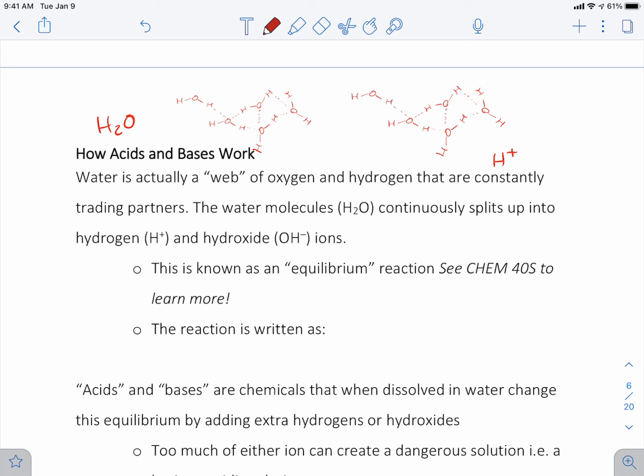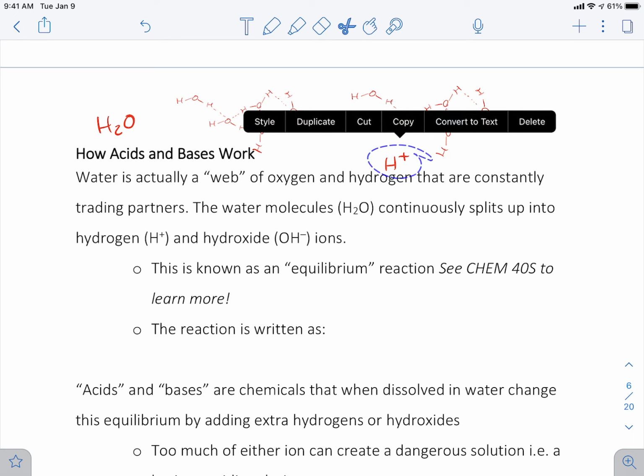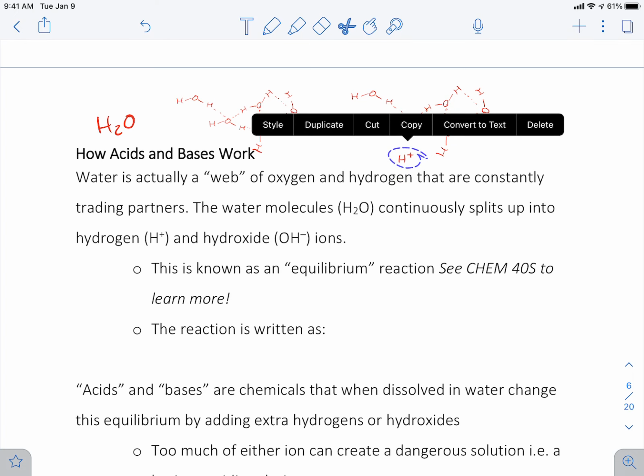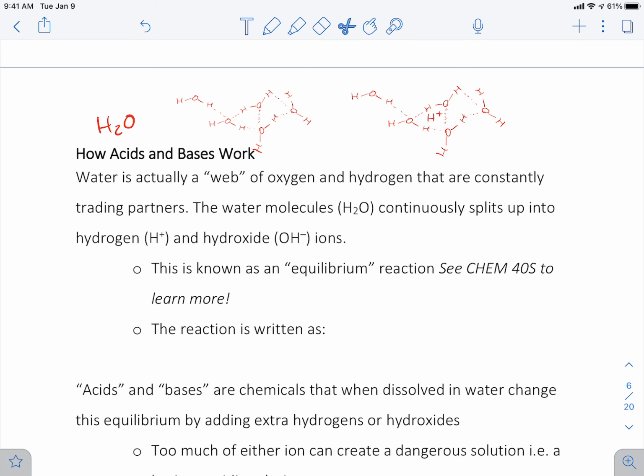This extra H plus has a much stronger pull, and we've got to find a place for it. What that's really going to be doing is disrupting the whole network.